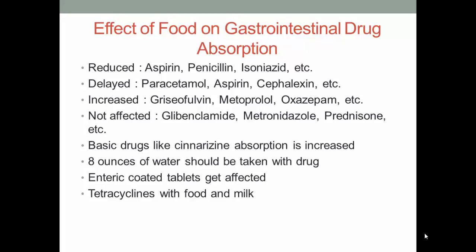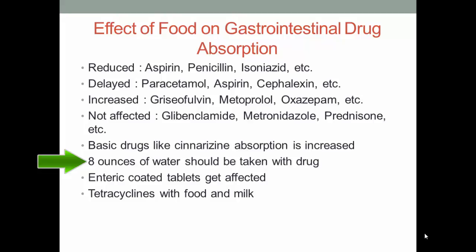And when you take the drug, you have to take at least 8 ounces of water. When you take more water with the drug, there is more dissolution, and then the drug can be easily absorbed. There have been studies that when less water is taken with the drug, there is little dissolution, and they may also have different side effects.